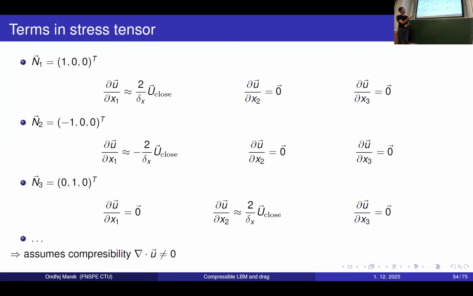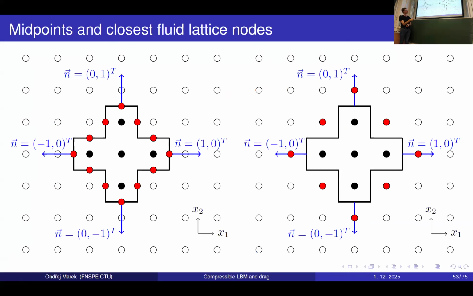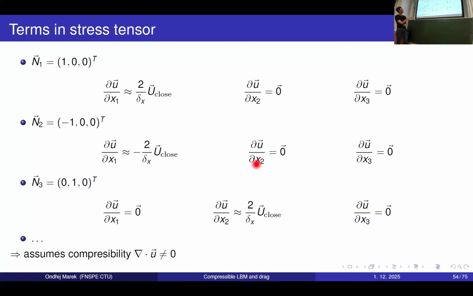And basically for the normal vector 1, 0, 0, we know that the two derivatives by the second and third components of x are 0. Here, for the second component, the derivative in the vertical direction is 0 because the velocity is constantly 0. And the derivative in the normal direction will be set to a linear interpolation from the closest velocity.